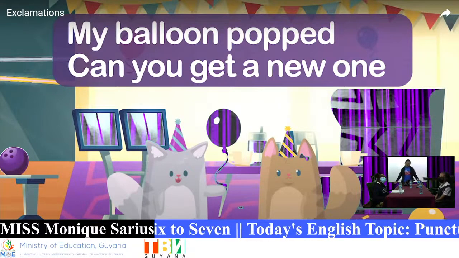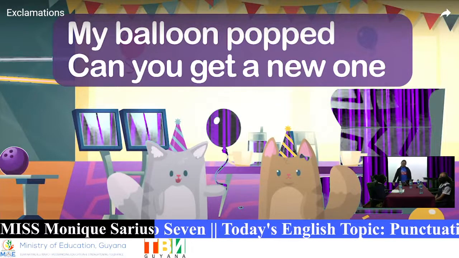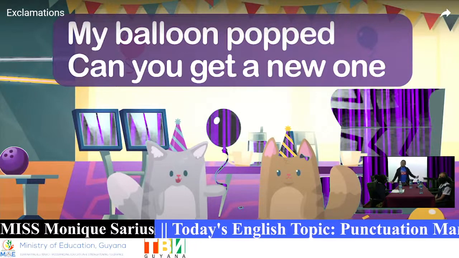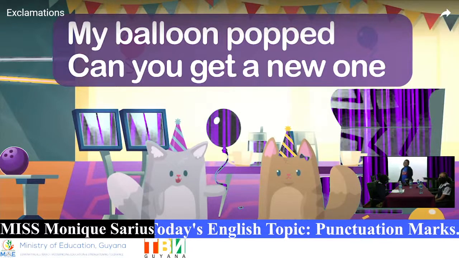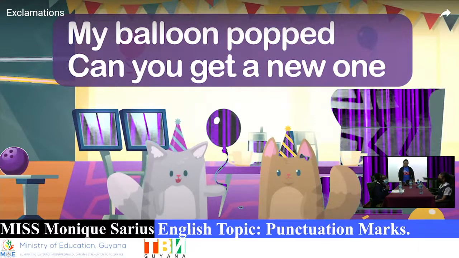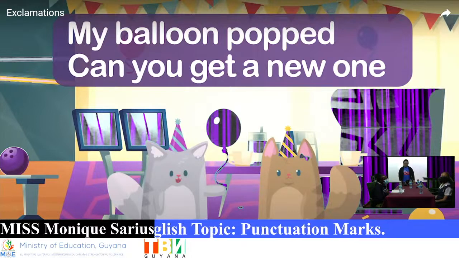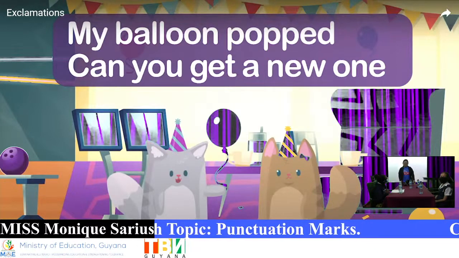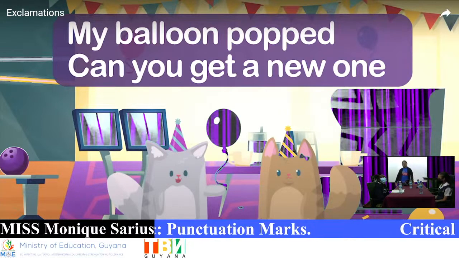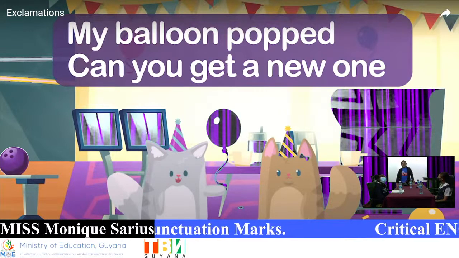My balloon popped. Can you get me a new one? What punctuation mark should go there? What's the first one? My balloon popped. Can you get me a new one? Exclamation.